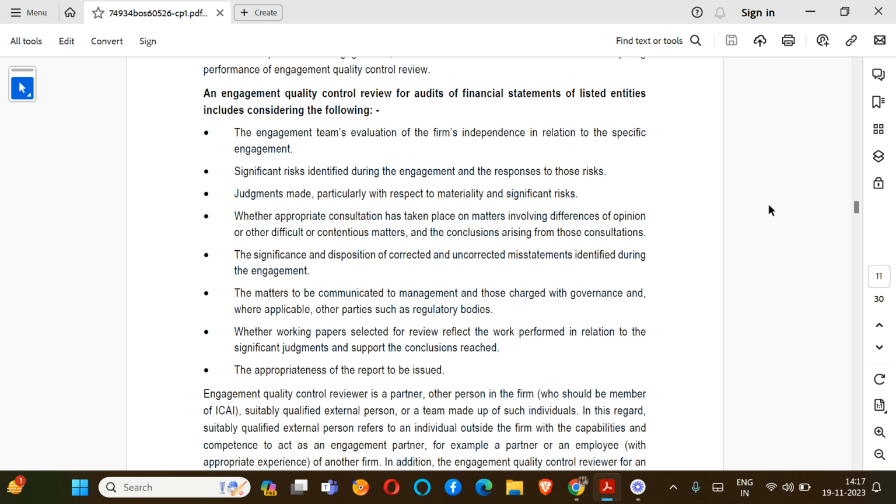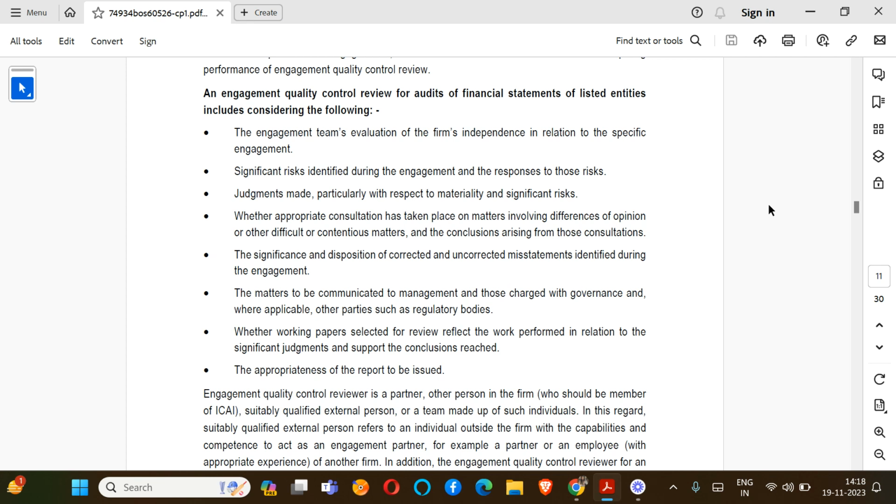Then we have to see the differences that we had throughout the audit, whether we consulted with any expert, let's say, for the redressal, with which we could come up with a solution, and the significance and disposition of the corrected and uncorrected misstatements throughout the audit.